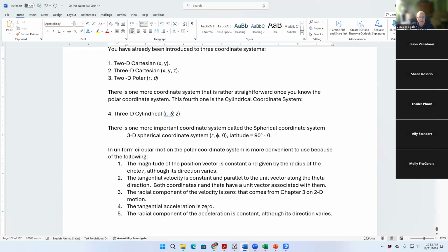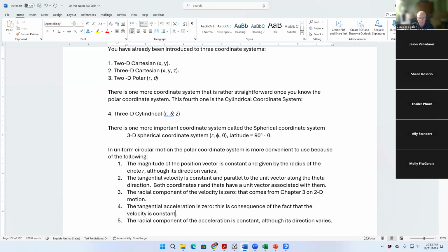The tangential acceleration is 0. How do I know that? This is a consequence of the fact that the velocity is constant. Not the velocity, sorry, the speed is constant.